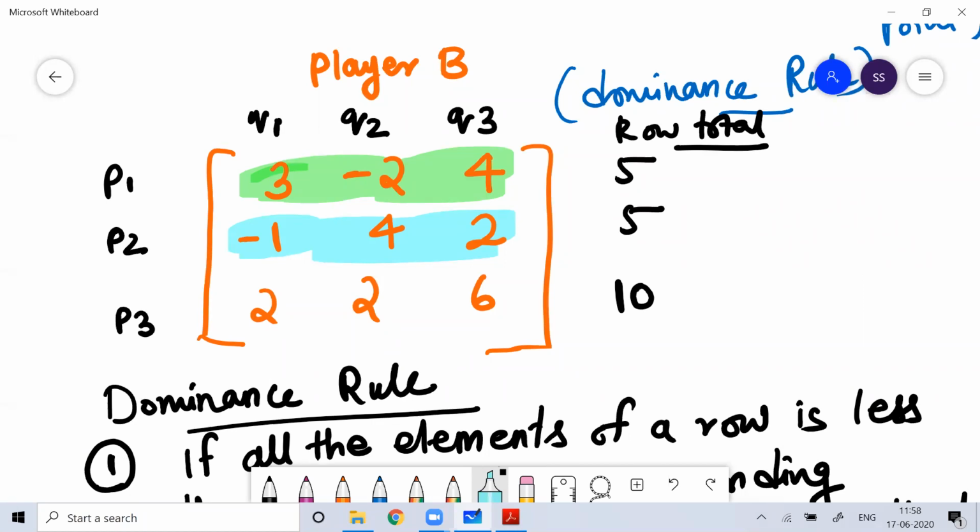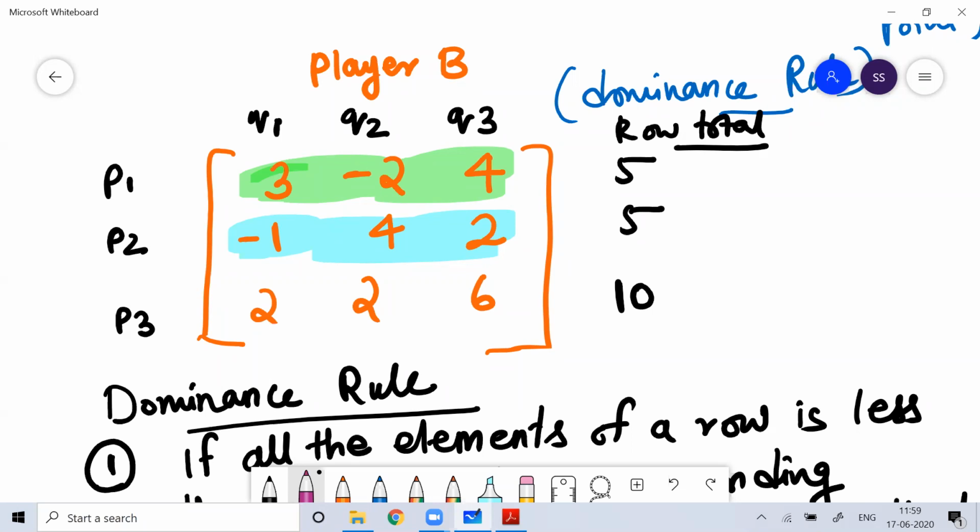If I compare row 1 and row 2, here 3 is more than minus 1, but the second element, 4, is more than minus 2. So you cannot say that all elements of row 1 are more than row 2, or all elements of row 2 are more than or equal to row 1. You cannot prove that here.